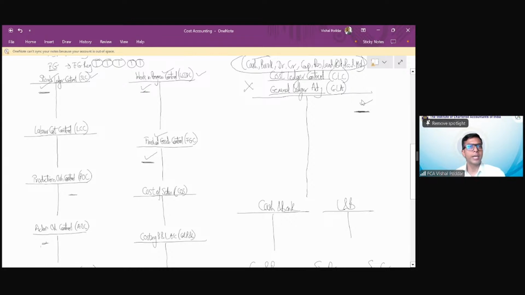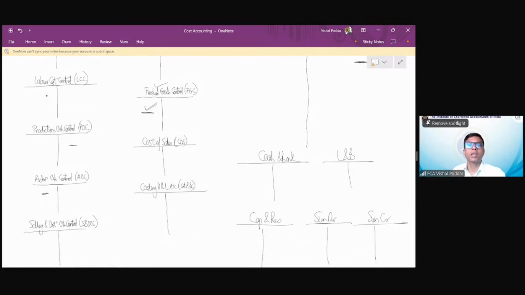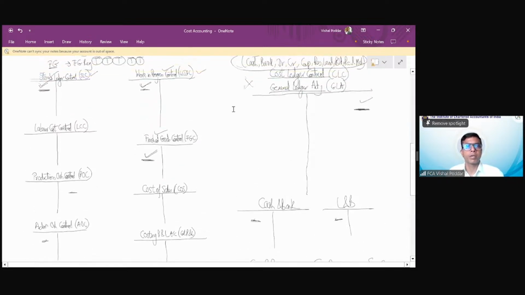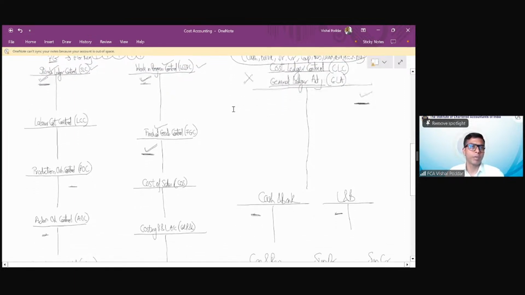If this is an integrated sum, again you'll have these three balances, the same of material, of WIP, of finished goods, and then you'll have respective opening balances in the respective accounts. Correct? So this will be the only difference in opening balances.